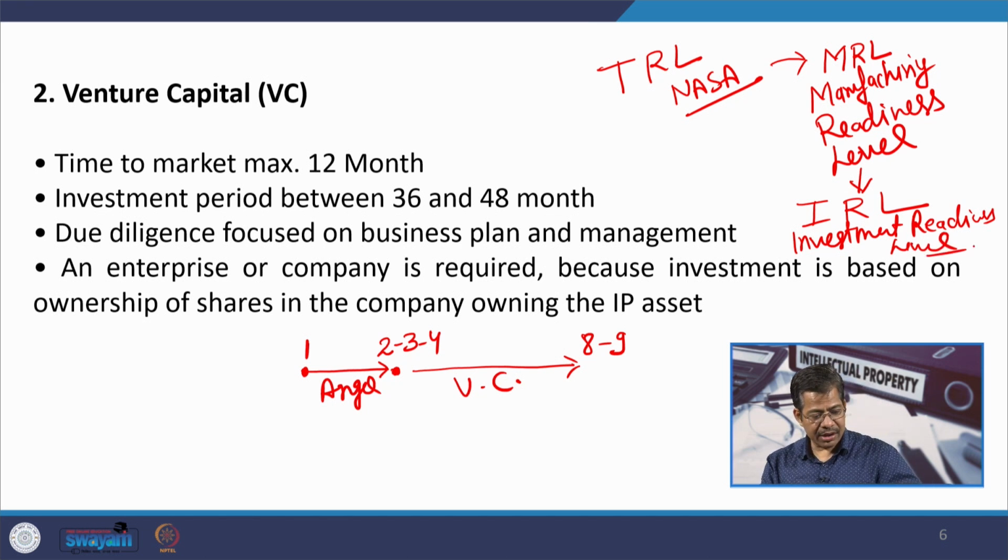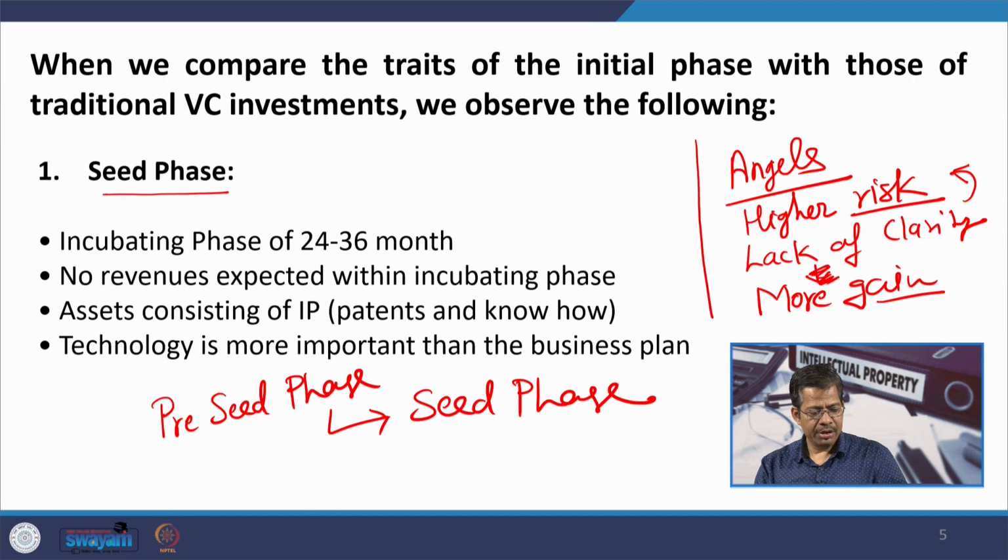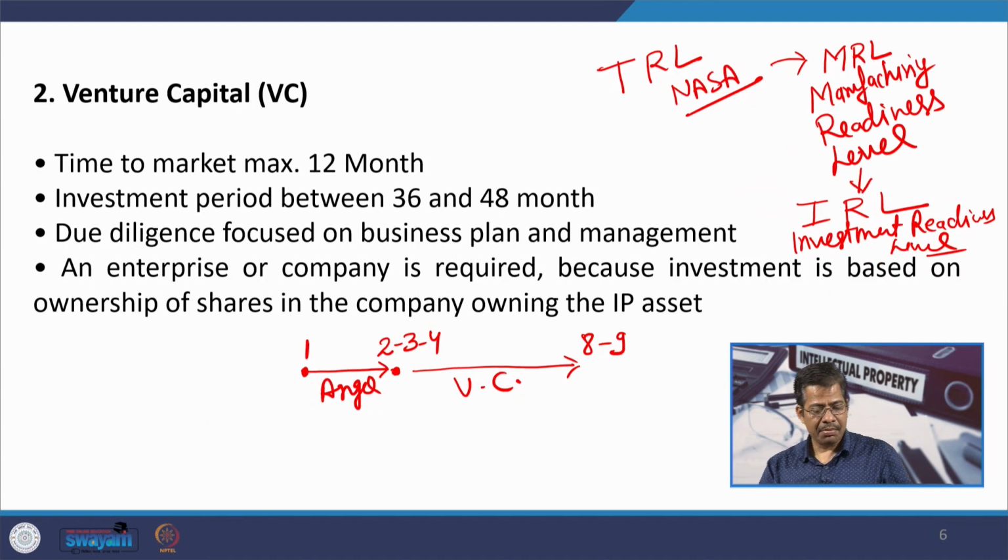If I go back to my previous slide, when I am in the pre-seed phase or seed phase, my investment readiness level is very low because of no clarity on what type of process you are going to follow. Technology is also not very well developed. So when I am talking of fundings, incubations related to technology and IP, it is more appropriate to talk of IRL, investment readiness level.